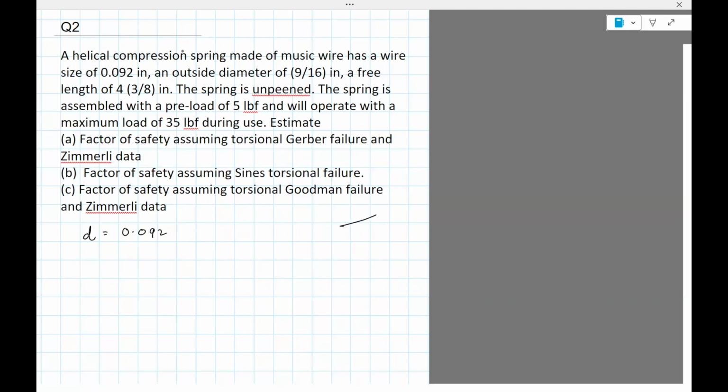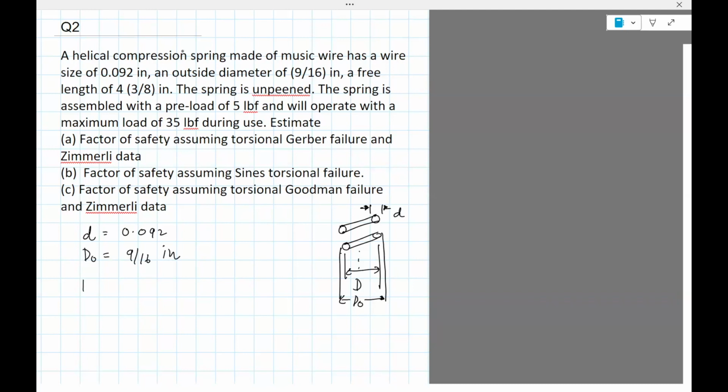So again, as I said, if you have a spring like this, that keeps going on, this diameter is small d, and then the average diameter is capital D, and then the outside diameter is DO. So what you're given here is small d, and the outside diameter, DO, which is 9/16 of an inch.